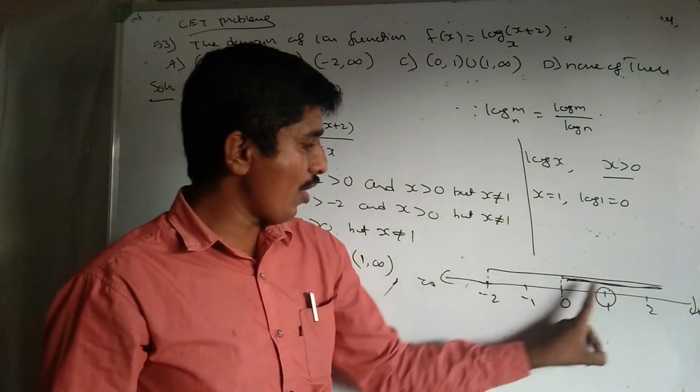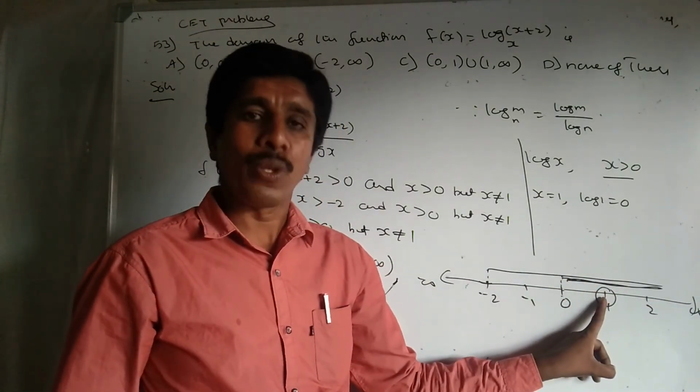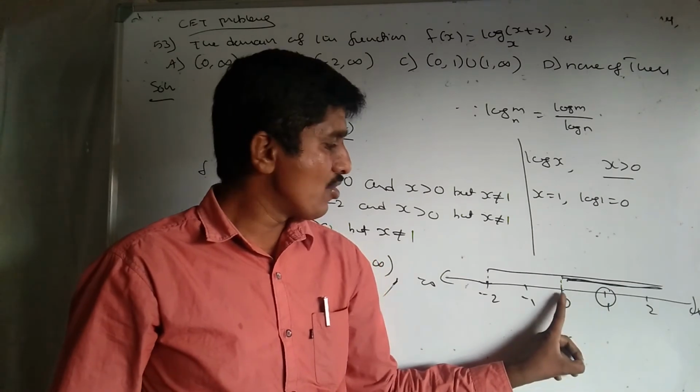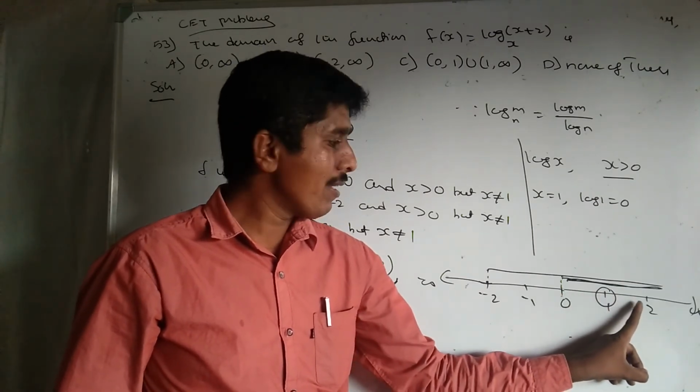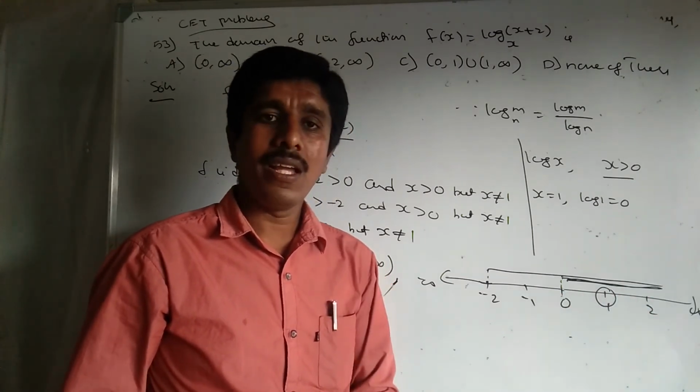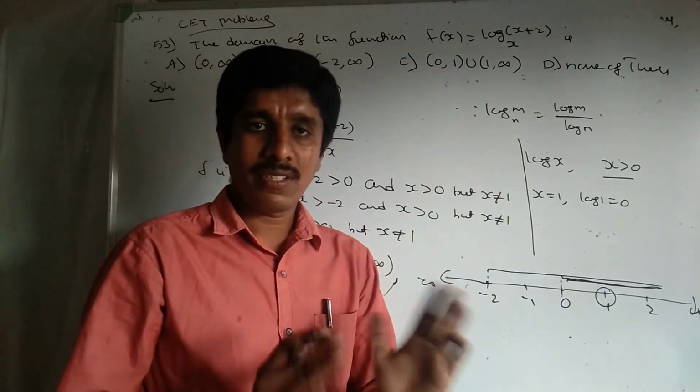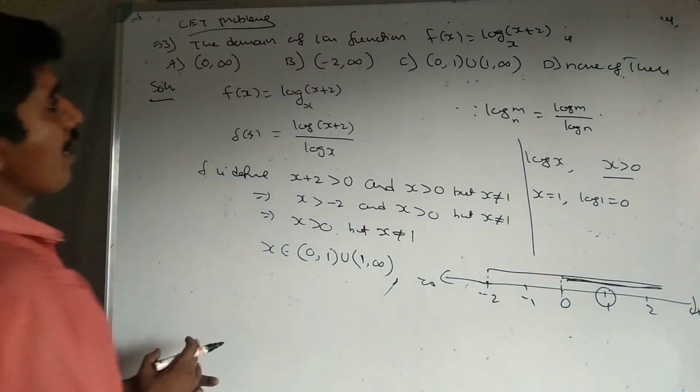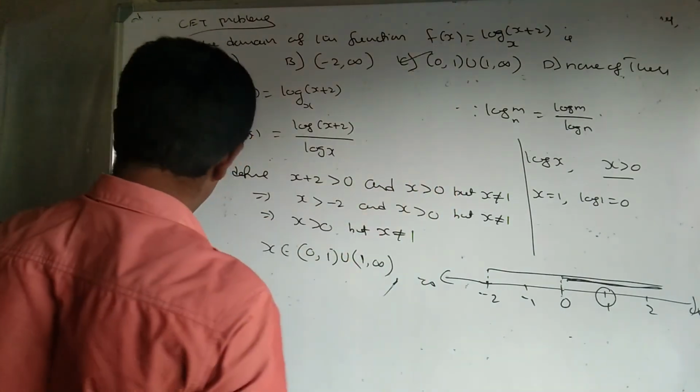So we write 0 comma 1 union 1 comma infinity, open intervals. Clearly, option C is the right option.